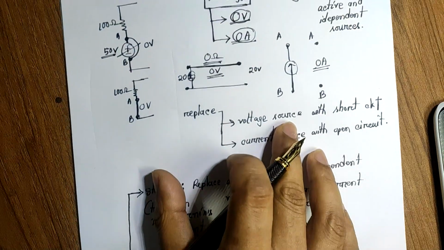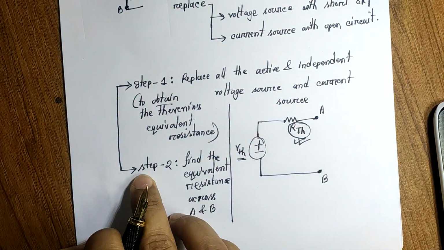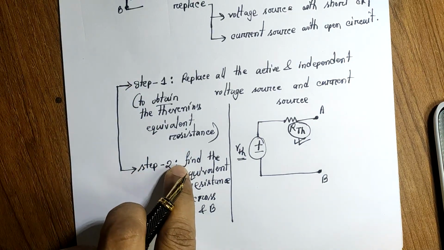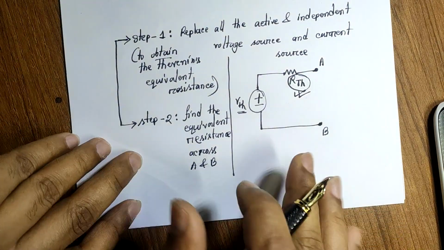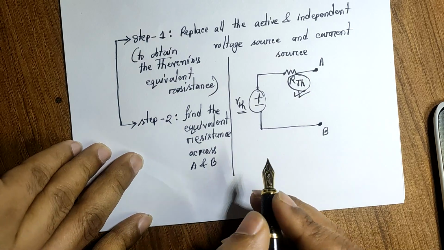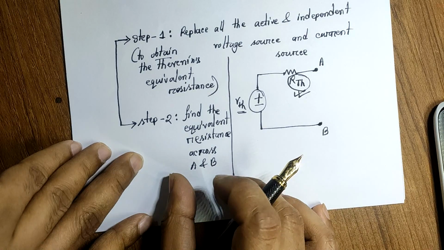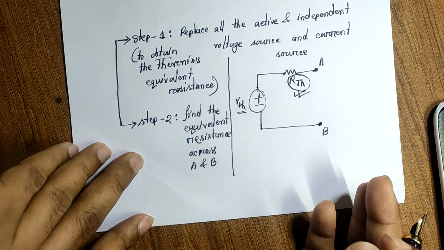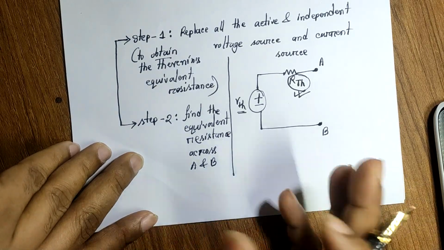Then in step number 1, we have to turn off all the voltage and current sources, and in step number 2, after completing step number 1, we will just find the equivalent resistance across A and B. To find the equivalent resistance, there are lots of ways. You can use series and parallel combinations, which we discussed in our classes previously, and you can also use the nodal analysis method.